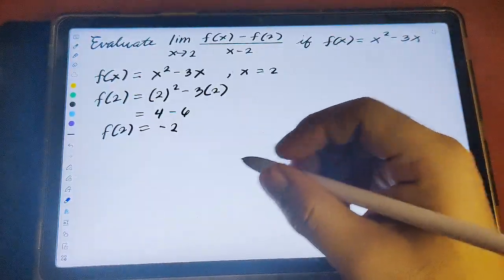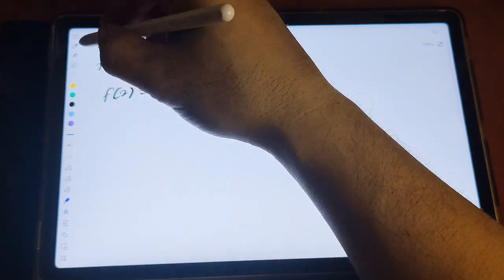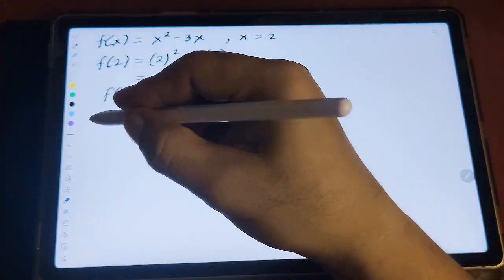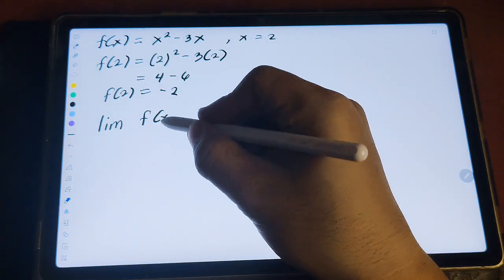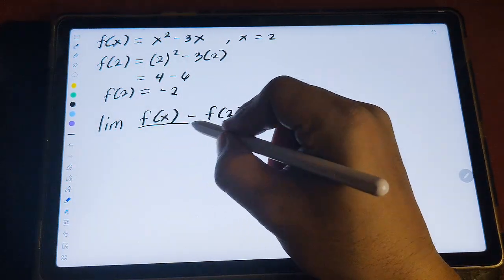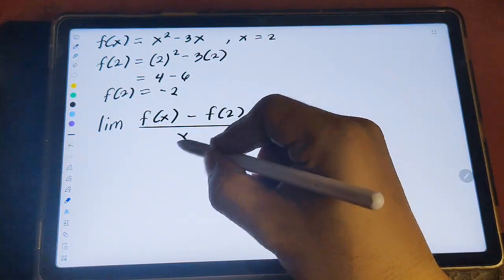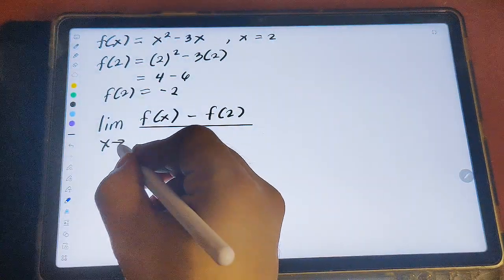Now, let us rewrite the given limit. We have the limit of f of x minus f of 2 all over x minus 2 as x approaches 2.